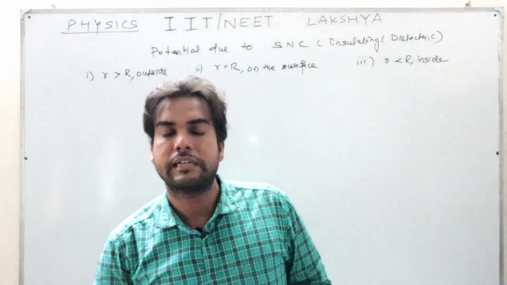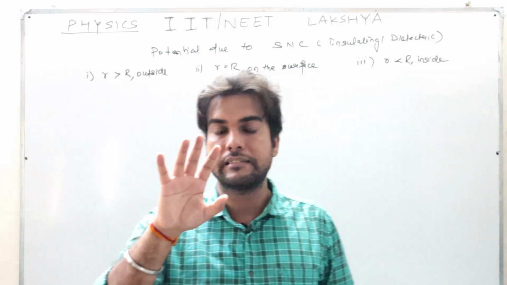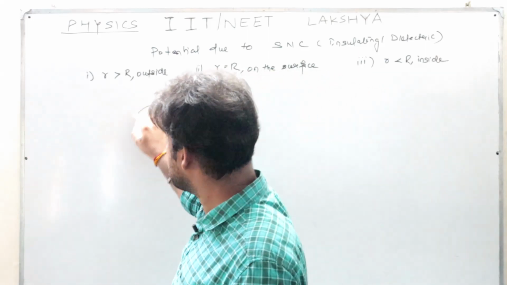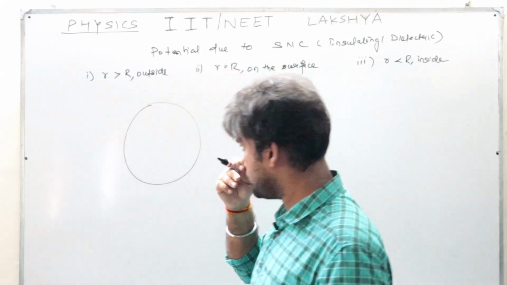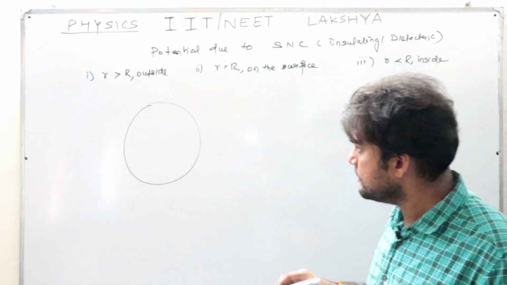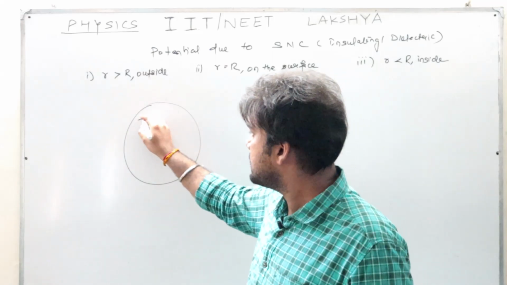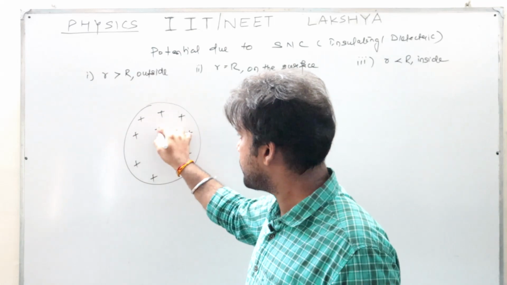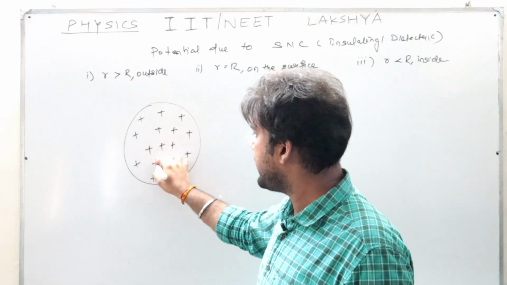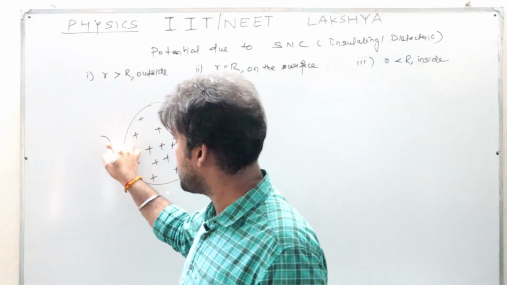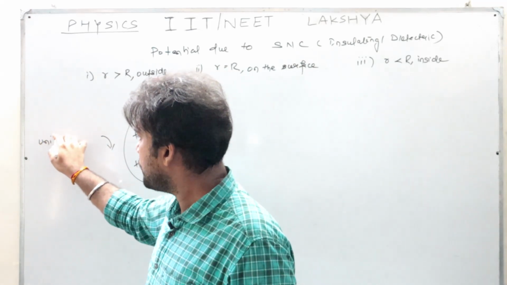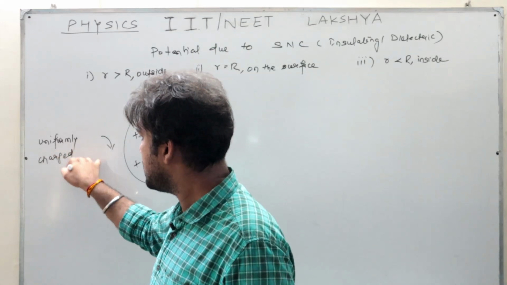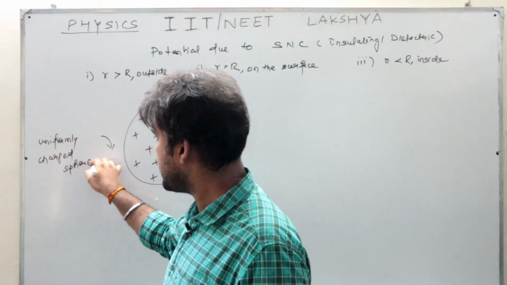Now solid non-conducting, it means that charge resides throughout the volume of the solid. That is, suppose if we are giving, let us say this is your solid, if we are injecting a charge to this sphere, since it is solid non-conducting, the charge will get distributed throughout the body. Of course, here what we are taking is uniformly charged sphere.